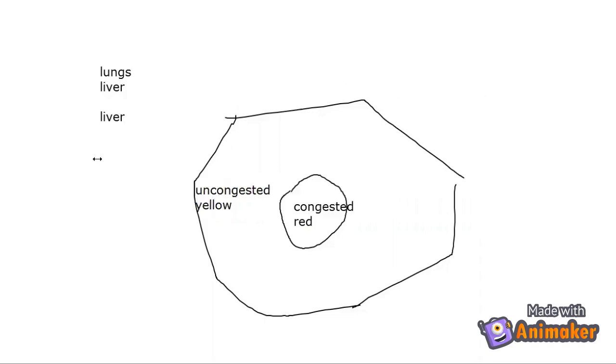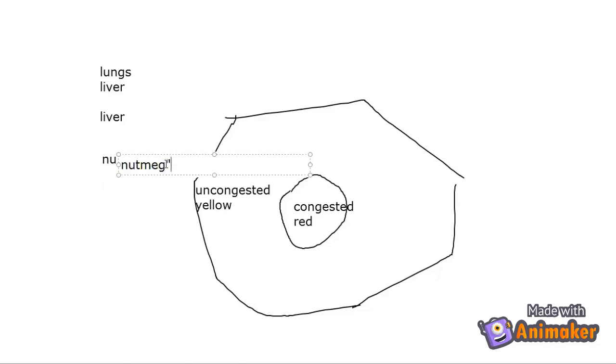looks like a fruit which is called nutmeg, which I'll just show you in a minute. The appearance is similar to a nutmeg because nutmegs appear brownish in the middle and yellowish in the periphery. Why is it like a nutmeg?